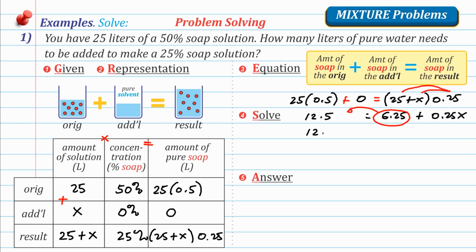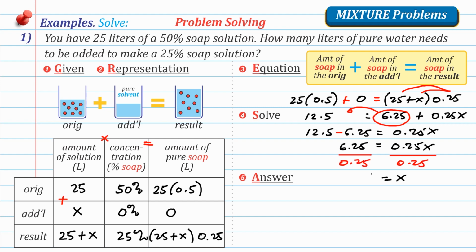Therefore, this now becomes 12.5, reverse its sign, it becomes minus 6.25 equals 0.25x. Combining 12.5 minus 6.25, of course, is 6.25. Now, we don't want 0.25 here. You divide both sides by 0.25. It's using the division property. We cancel these, do the arithmetic, it's 25.